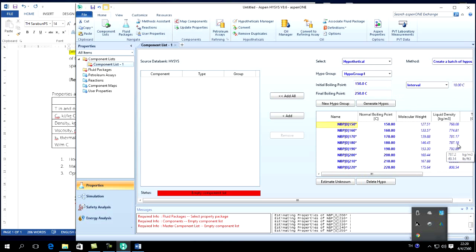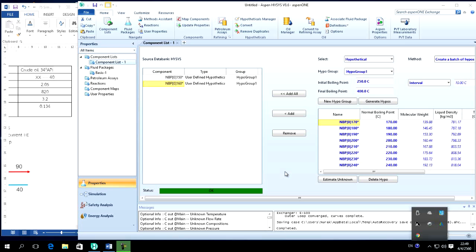So I will select the ones that give a density close to 770, which are at 150 and 160 here. I add those as components for the kerosene, and I will approximate that the mixture of 150 and 160 species here will be about 50 percent.